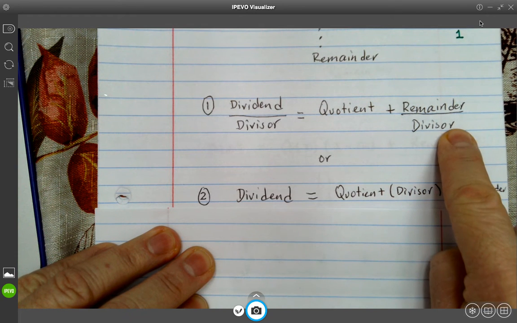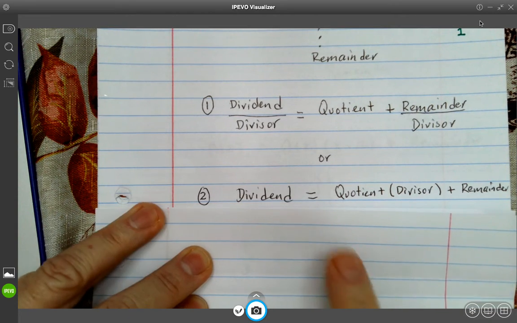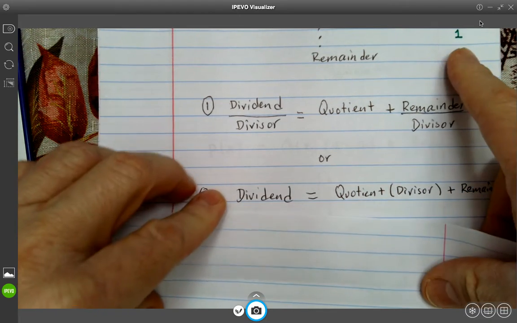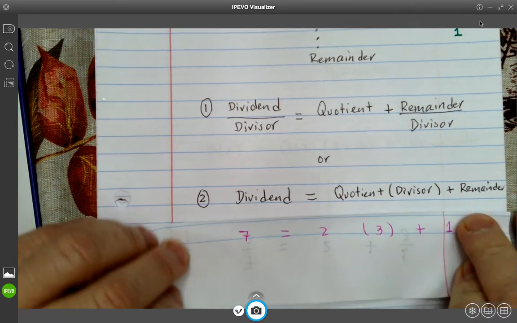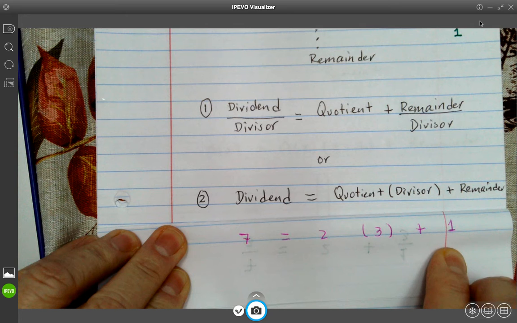So this denominator disappeared and that denominator disappeared, right? Thinking of that same example, it will be like 7 equals 2 times 3 plus 1.